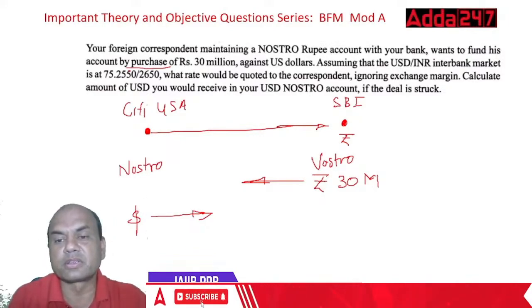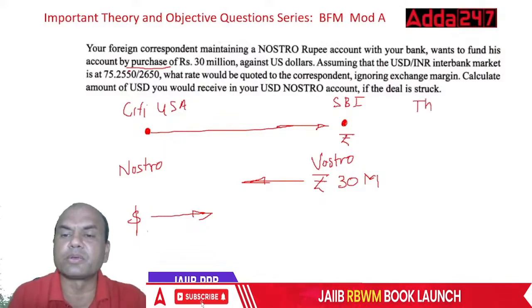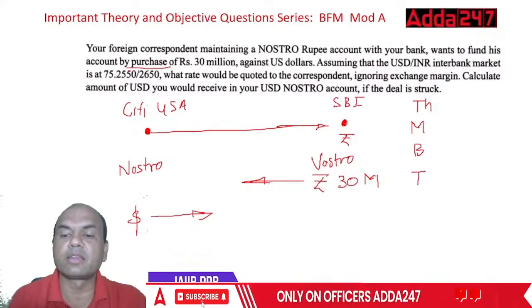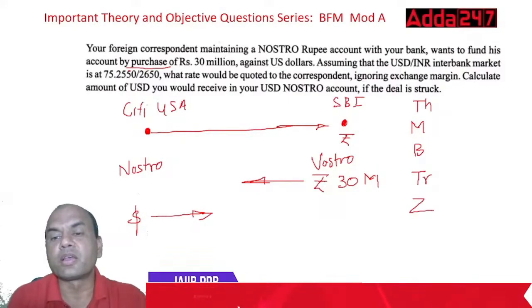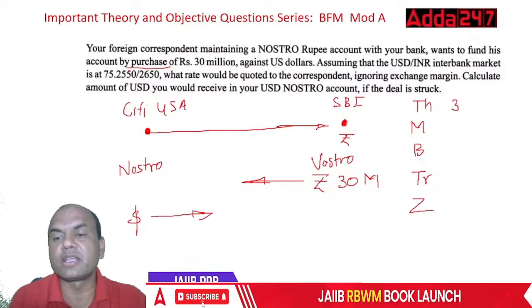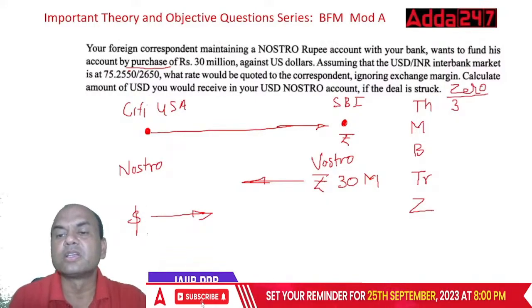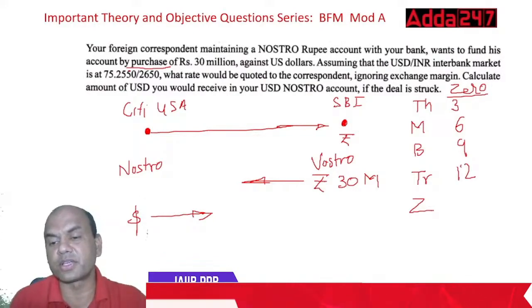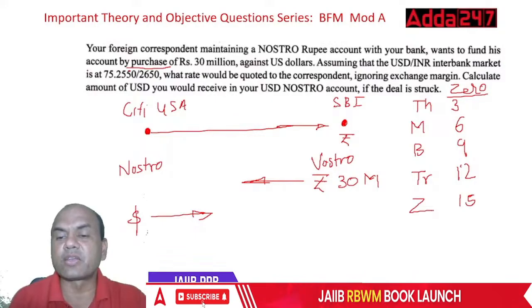Thousand, then million, then billion, then trillion, and the last one is zillion. But forget zillion. 1000 means 3 zeros. Million means 6 zeros. Billion means 9 zeros. Trillion means 12 zeros. Zillion means 15 zeros. Generally you require up to this only.